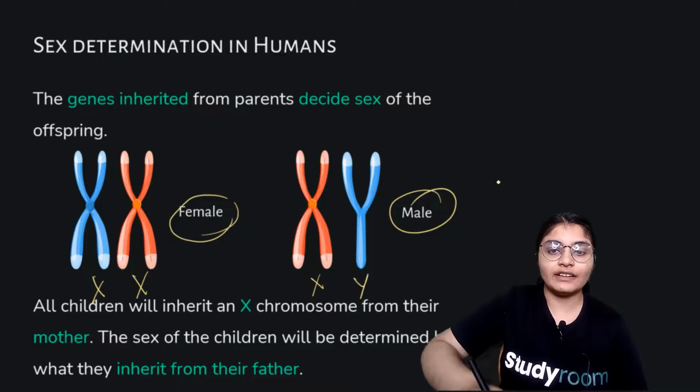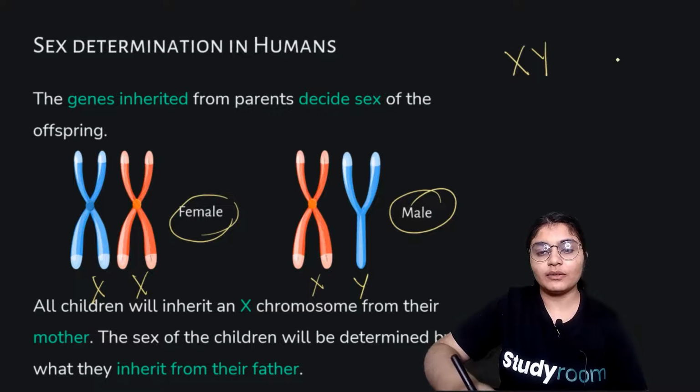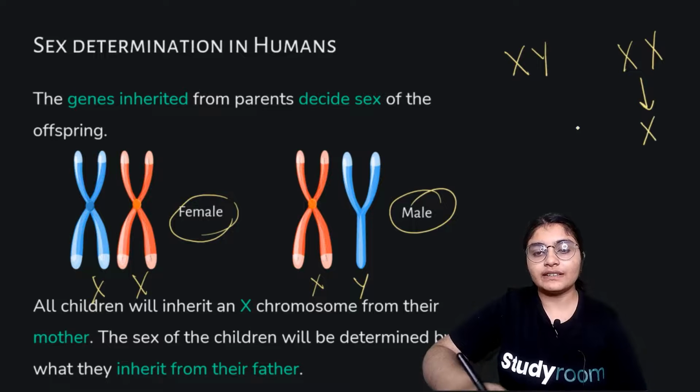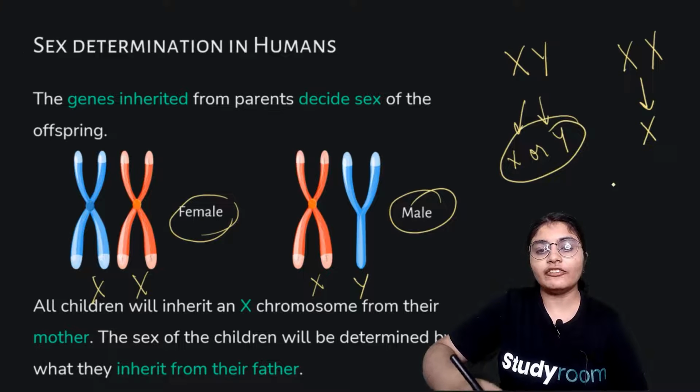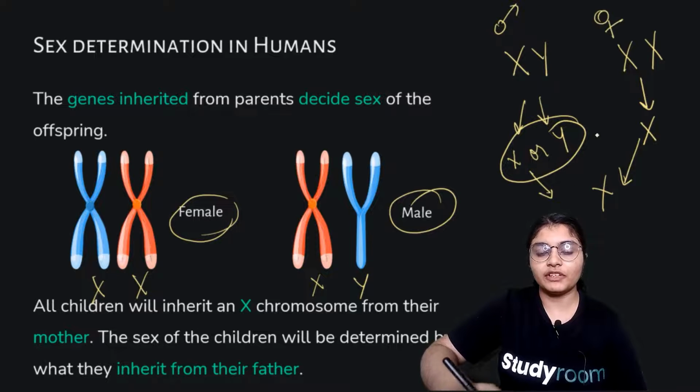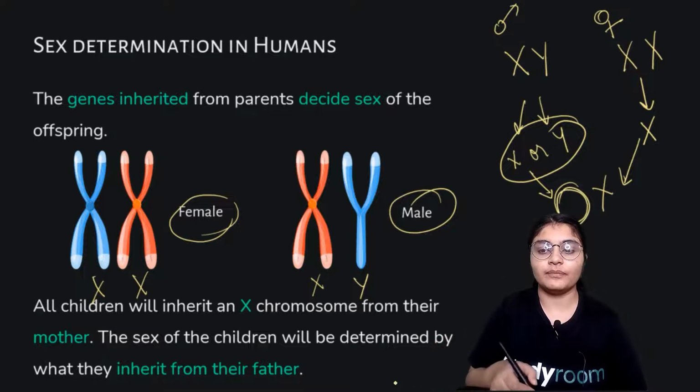Okay, since their father has X and Y chromosome and their mother has XX chromosome, right? So the mother will give X chromosome and the father will either give X chromosome or Y chromosome. So it will depend on the father. Mother is essentially giving X, right? But it will depend on what chromosome is coming from the father, and that will actually determine the sex of the child.